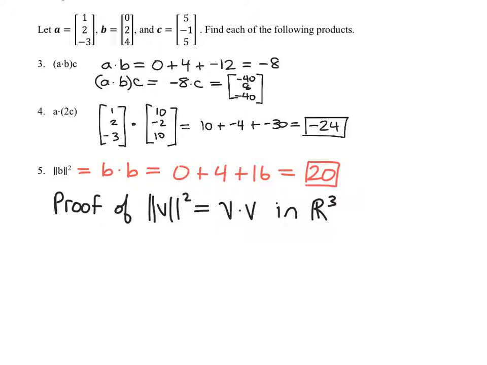All right, so you could work on the left or the right. It doesn't make a difference either way. But I do need to establish my vector v. So let v equal v1, v2, v3.